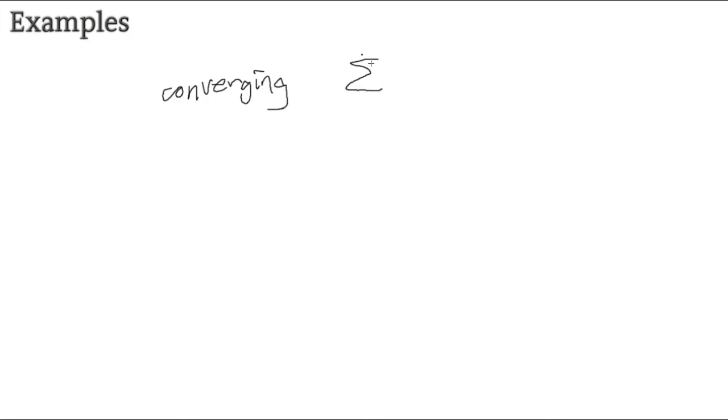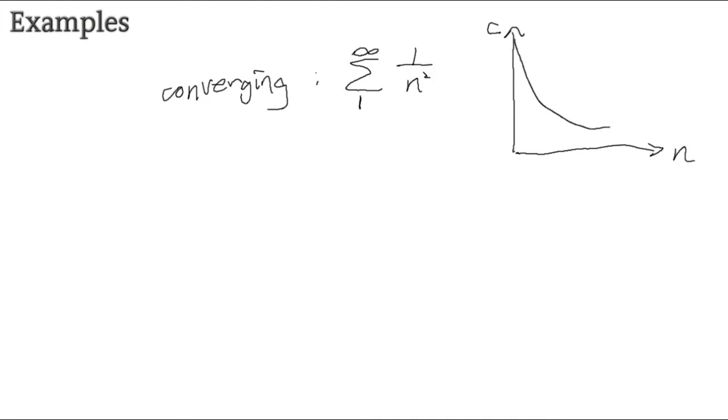So it is a sum to infinite from 1 of 1 over n squared. The reason that this whole series is converging is because of a certain property. If you plot the value of the component, let's say the component C against the value of n, you get an exponential decay curve.